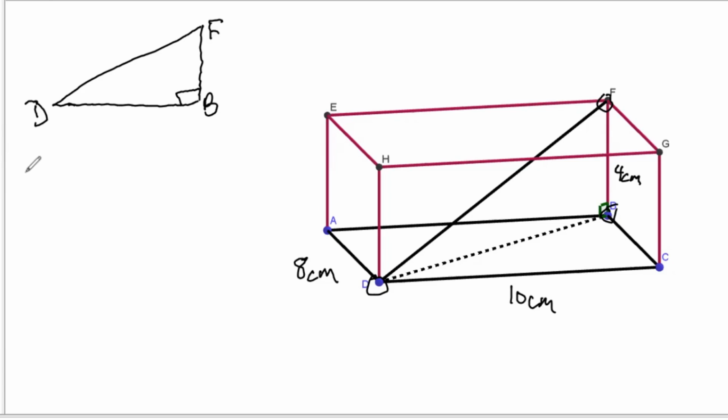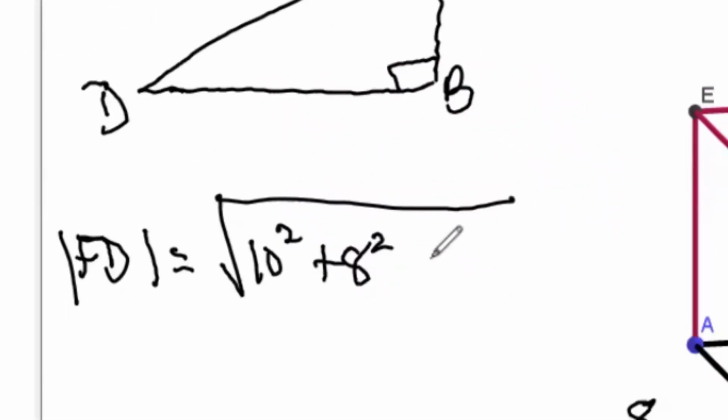So the length of FD is going to be the square root of 10 squared plus 8 squared plus 4 squared.